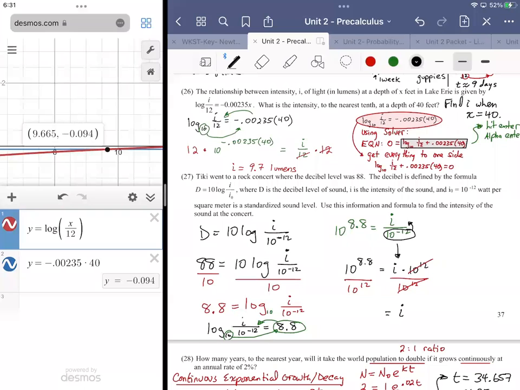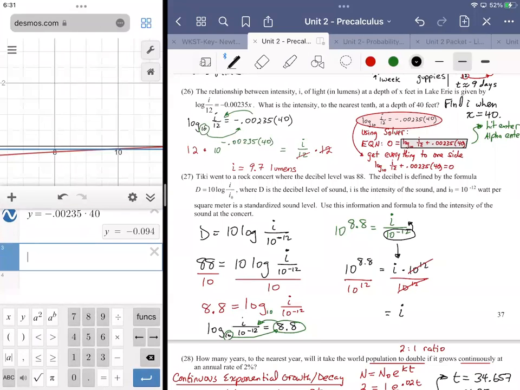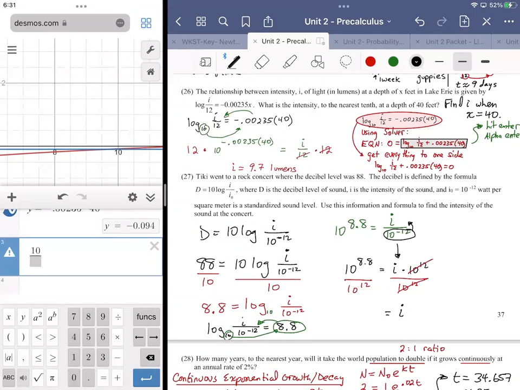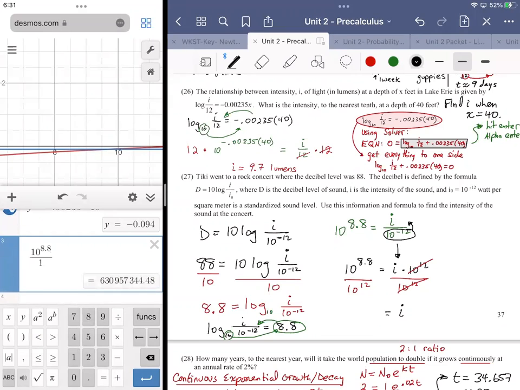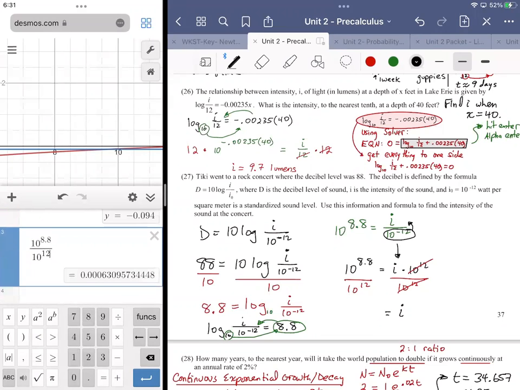Now you can keep the base and subtract the exponents if you want, or you could just kind of chuck it right in. 10 raised to the 8.8 over 10 raised to the 12th. And you get this funky looking decimal, but that's okay. We could write it like that, or we could write it as 10 to the negative 3.2 power.